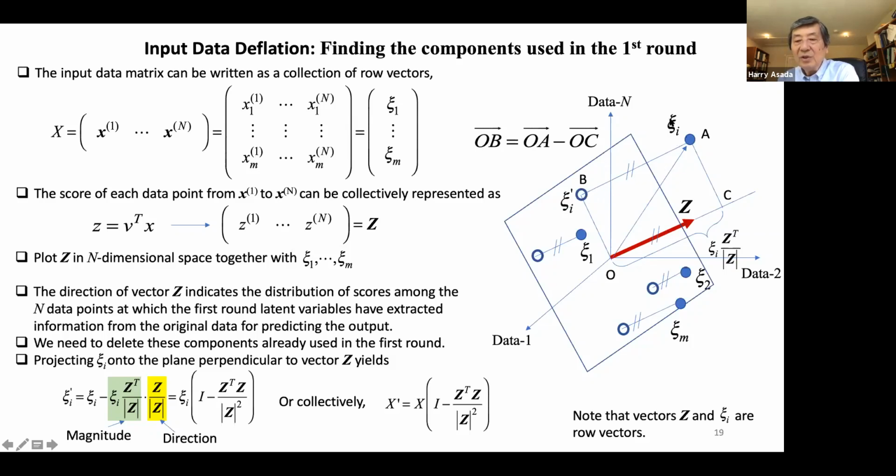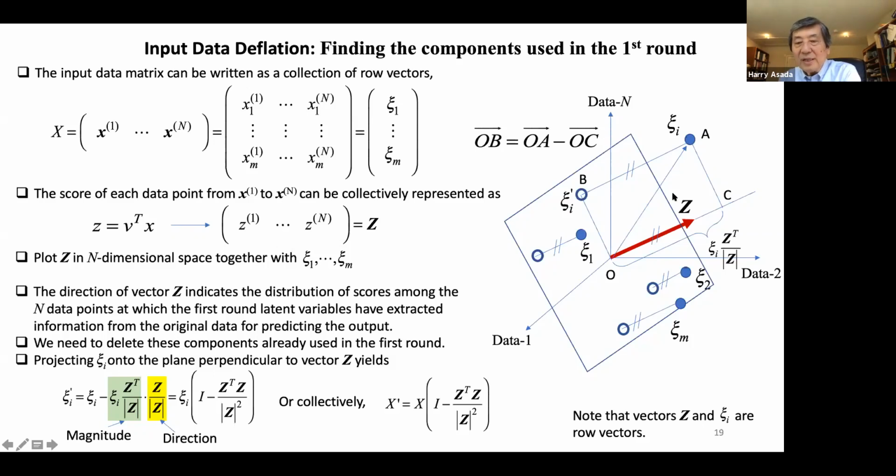Ci is mapped to Ci prime. So we eliminate these components and look at the hyperplane within this that is one dimension lower than the original. And we'd like to construct this set of data points.